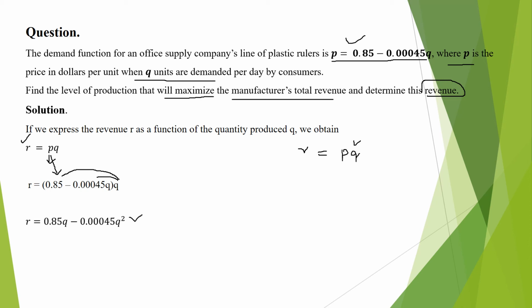R is equal to 0.85Q minus 0.00045Q square.